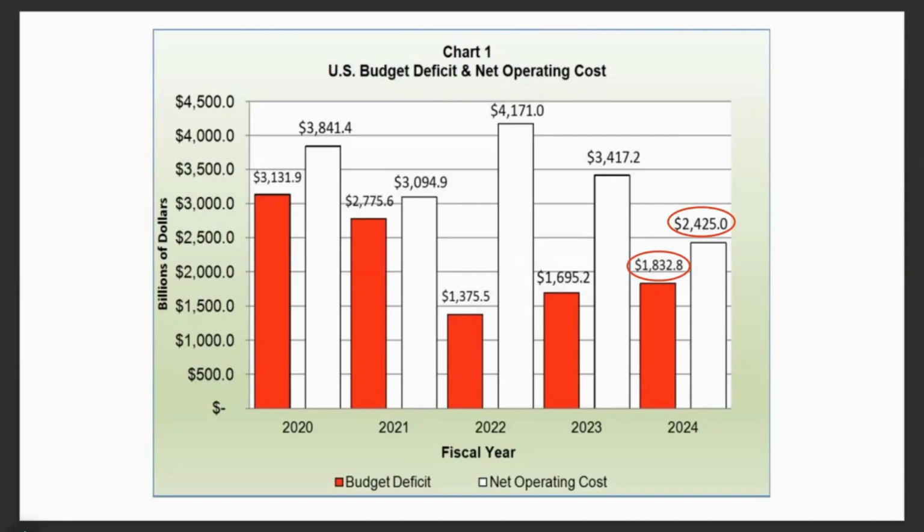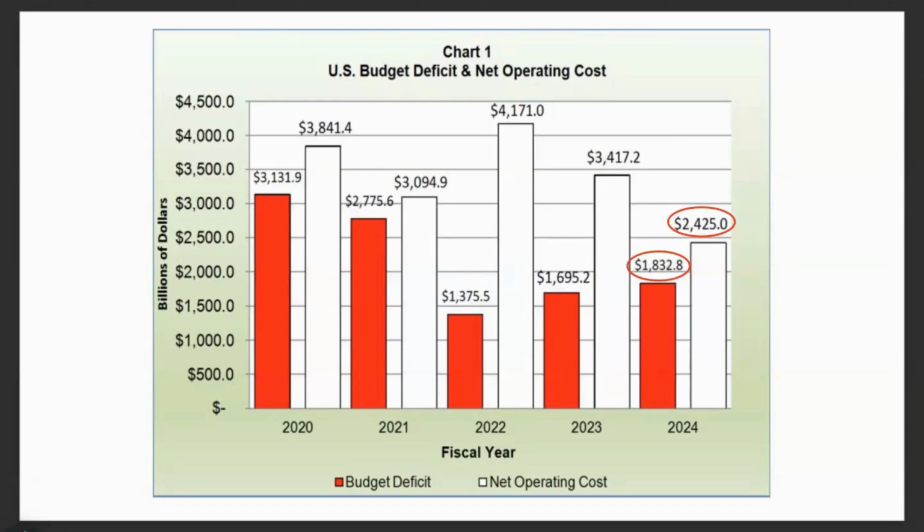So you can look at the 2 different sets of numbers. In the red, you have the budget deficit, and the United States budget deficit for 2024 was 1.832 trillion. And that was up 138 billion over the prior year. Not a good result, but not as bad as we had during the COVID years of 2020 and 2021.